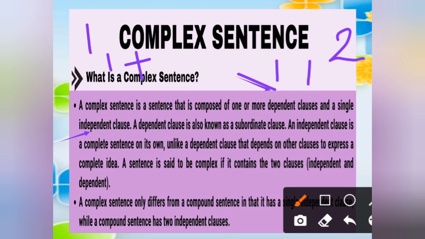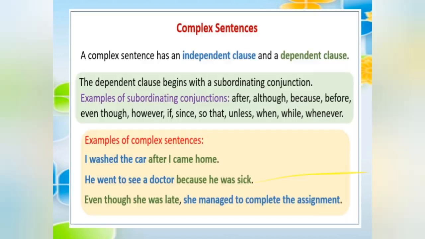A dependent clause is also known as a subordinate clause. This we know. An independent clause is a complete sentence on its own, unlike a dependent clause that depends on other clauses to express a complete idea. What does it mean? Like in the previous sentence we have done, even though she was late.